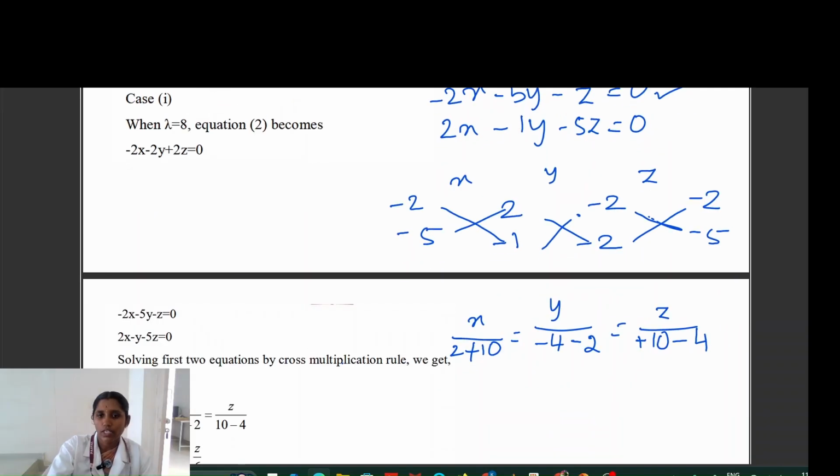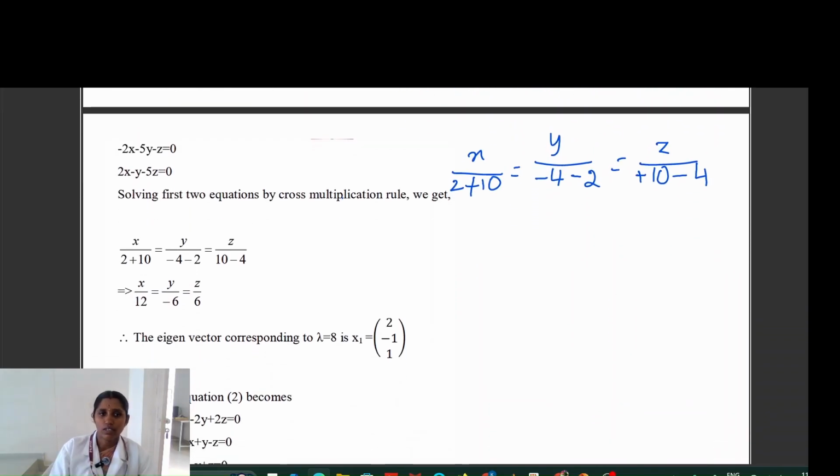Now we find the x, y, z values, that is x by 12, y by minus 6, z by 6. Here in the denominator, all three values are divisible by 6. So when we divide by 6, we get 2, minus 1, 1. This is the first eigenvector x1.